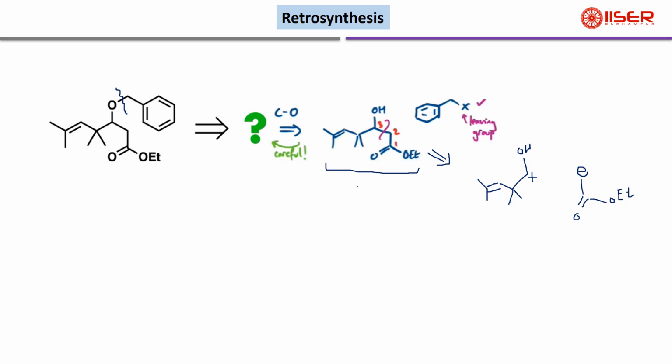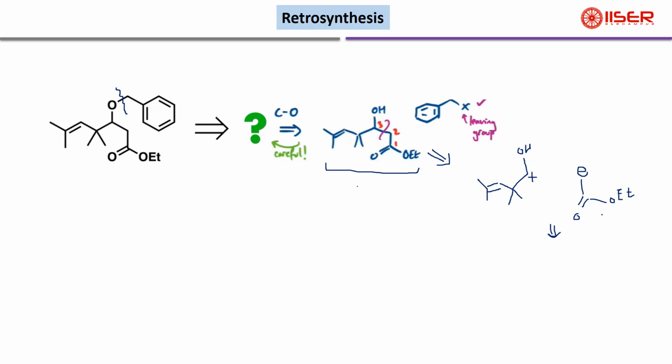Now, can you say how we can generate a negative charge at this ortho position of this ester group? What type of reaction can be possible here? How can we incorporate this ethyl ester group to this position?